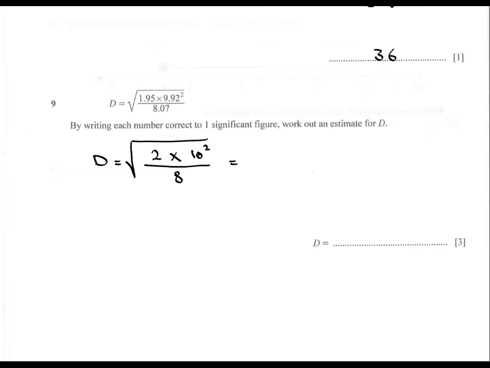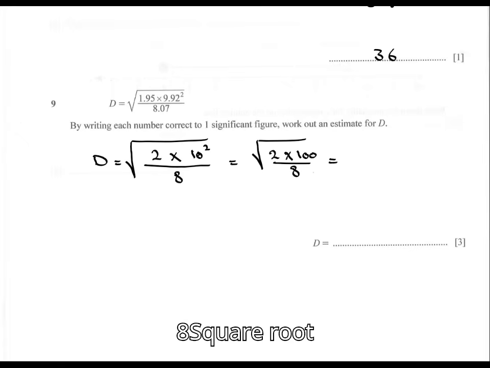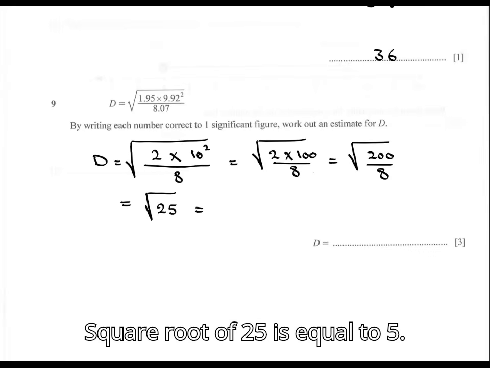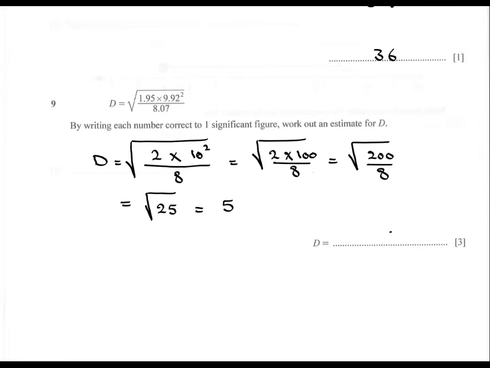Let's simplify. Square root of 2 times 100 over 8. Square root of 200 over 8. 200 divided by 8 is equal to 25. Square root of 25 is equal to 5.